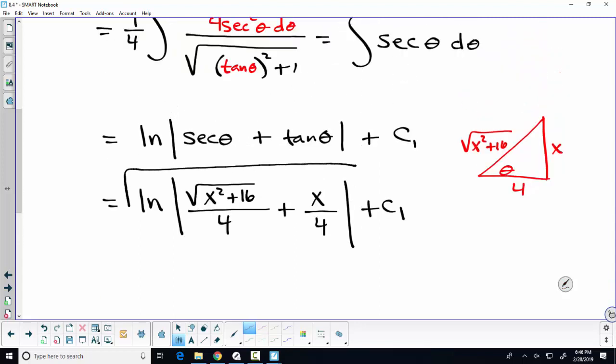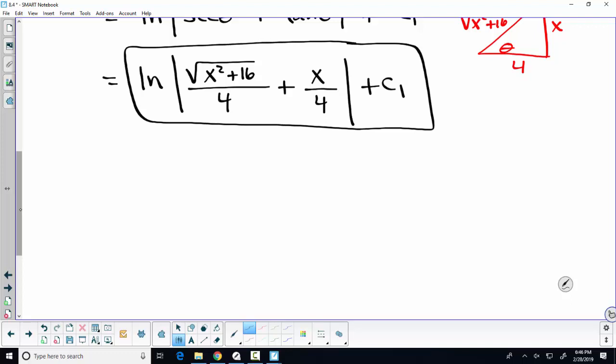That this is fine. If you want to plug in the bounds now from 0 to 1, that'll get us there. Simplify this a little bit. We've got the natural log absolute value of 1/4 times all of this stuff. I don't think this is, like I said, an absolutely necessary step to do.